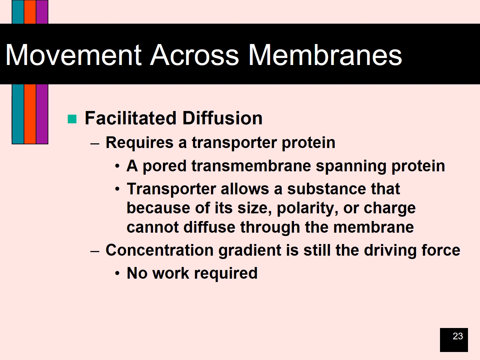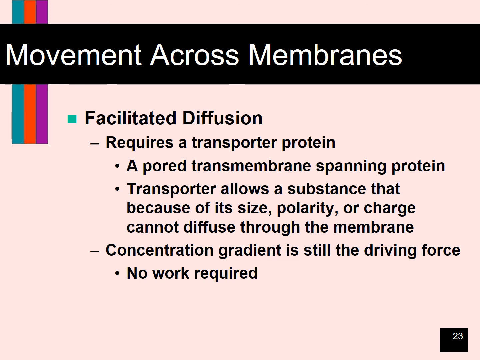or maybe the substance is big, all right, or it has a charge, okay, it could be an ion, all right, so it's not going to diffuse through the membrane. The ion would be charged, okay, that wouldn't go well with the hydrophobic core of the membrane. Something that's big is not going to easily diffuse through the membrane, but it could go through this transporter, okay?